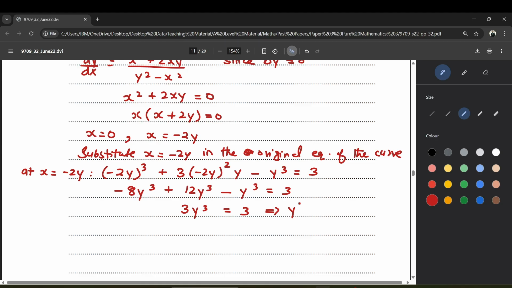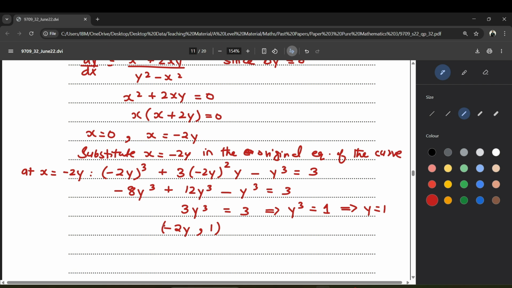That means y cubed is equal to 1, and that means y is equal to 1. That'll be our first coordinate. So when x is minus 2y, y is going to be 1.